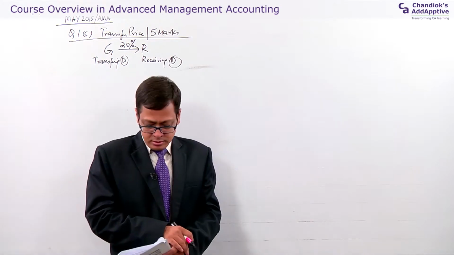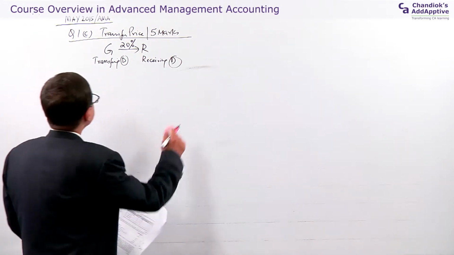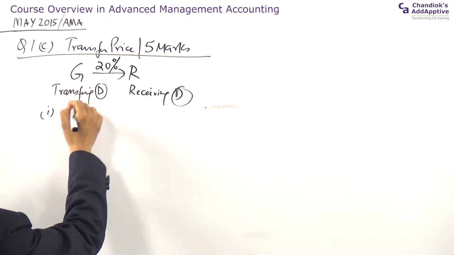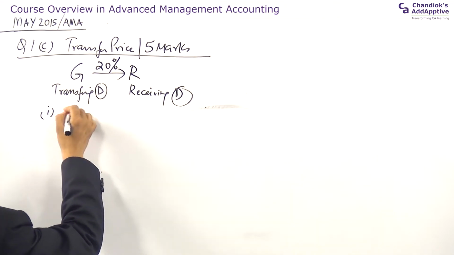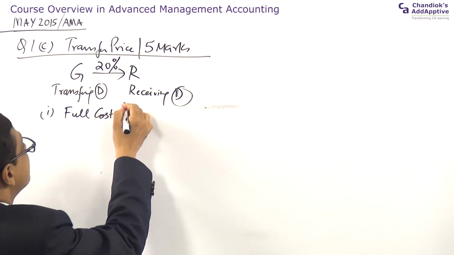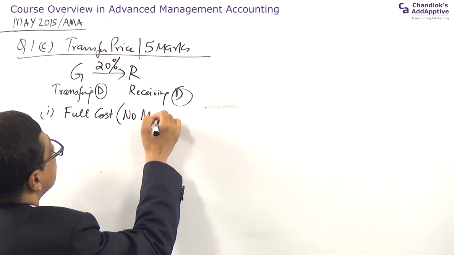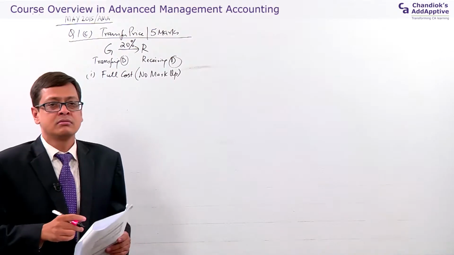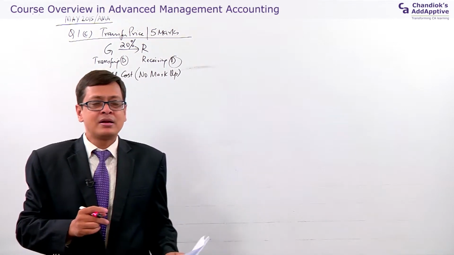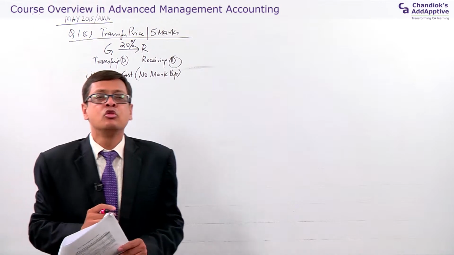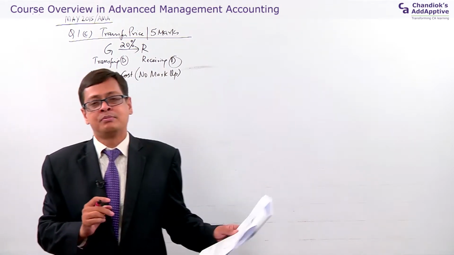So dear friend, what are the 4 companies' points? The first point, they say that G transfers to R at full cost and there is no markup. So the company is giving to department R, and it is coming from department G at no profit, no markup.